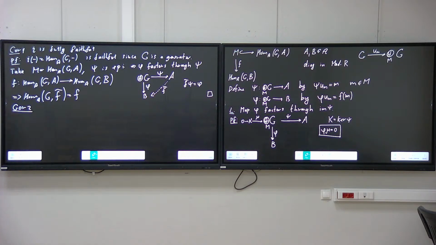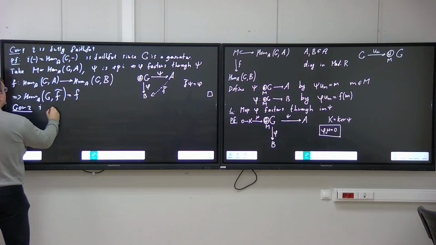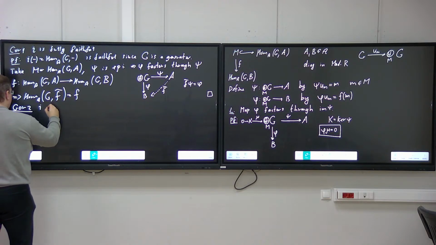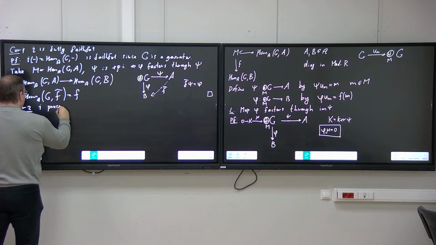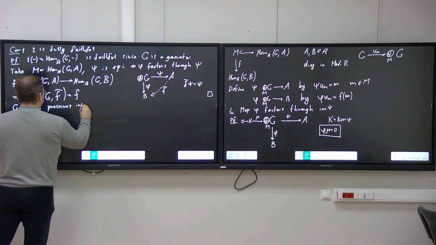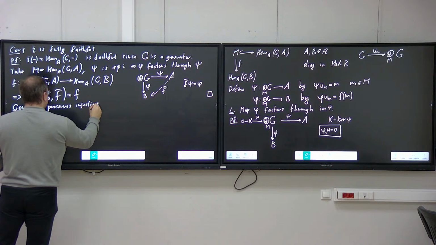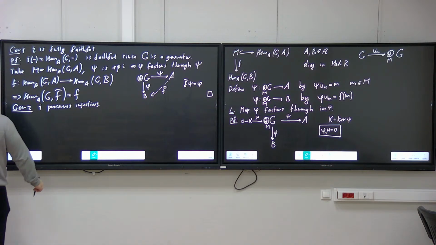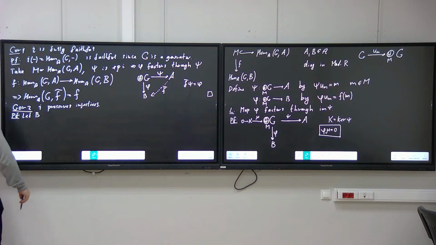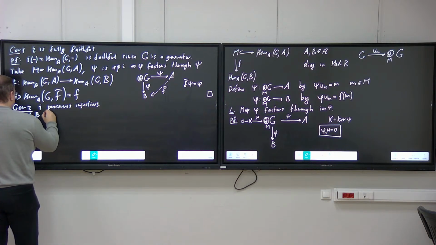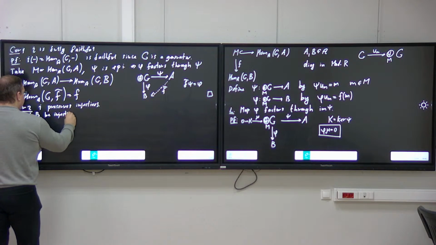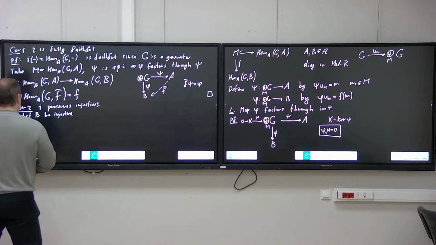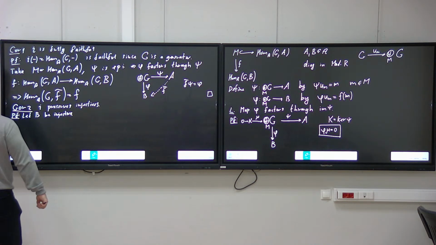I want to show that I preserves injective objects. So, in the proof, let B be an injective object. I want to show that I of B is an injective object.